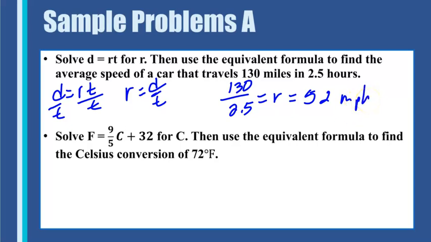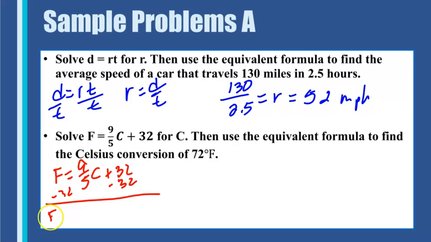Next, we have solving F equals 9/5 C plus 32 for C, the Celsius. Use the equivalent formula to find the Celsius conversion of 72 degrees Fahrenheit. So I have F equals 9/5 C plus 32. We need to solve for C, so I'm going to subtract 32 on both sides.